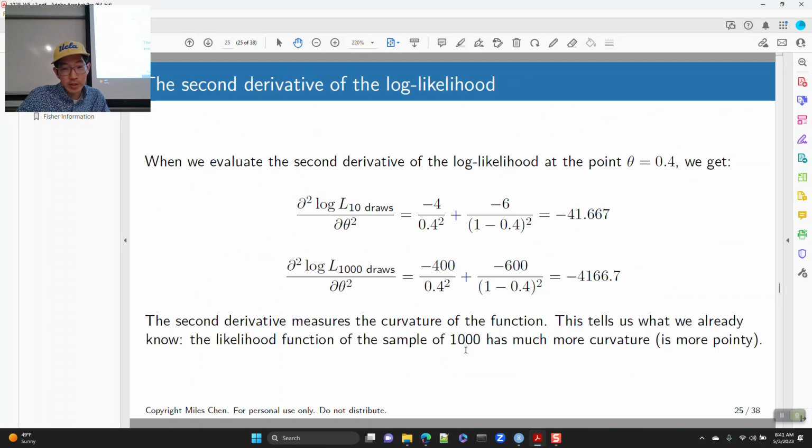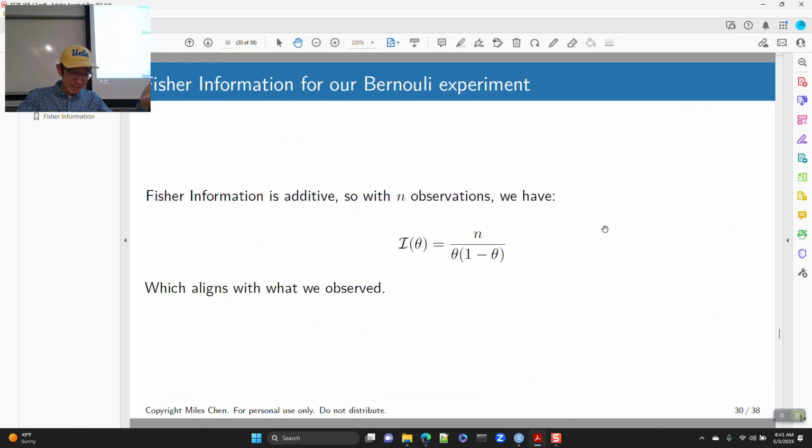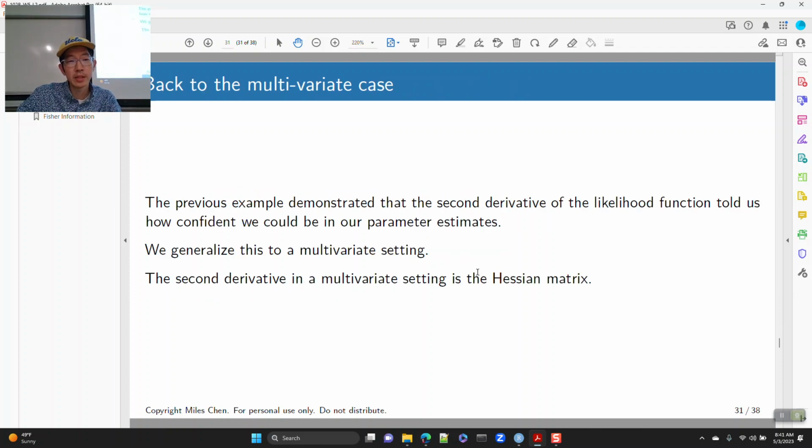So with 10 draws we had this, and for 10 times that we would get 10 times that, 1,000 times that. It all just grows in relation to our n here. Okay, so same kind of idea.